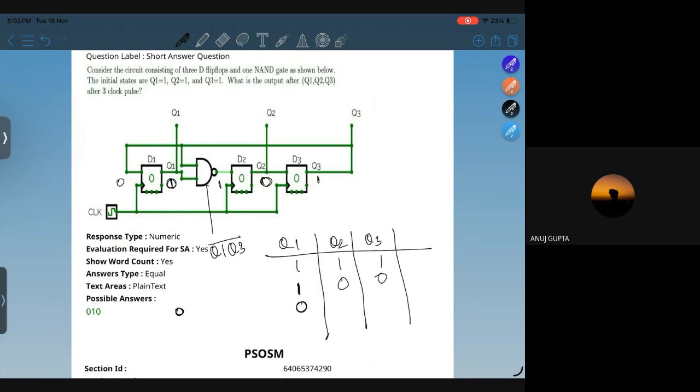So it will be 1 here for the Q2. Then whatever is Q2 will become Q3. And if we write it again, for the third round, Q3 comes in here, which is 1. It will be Q1, so 1.